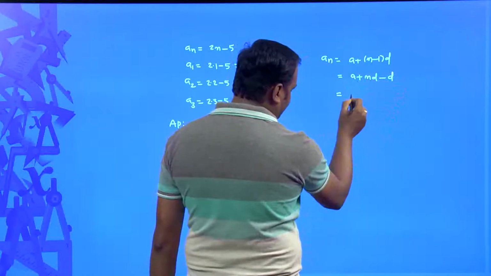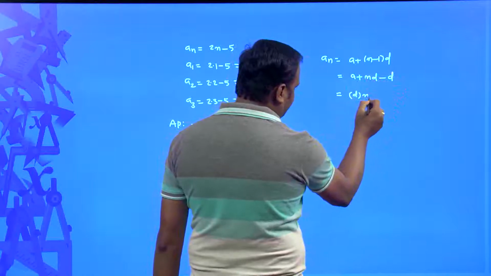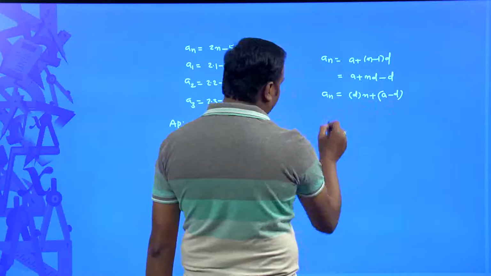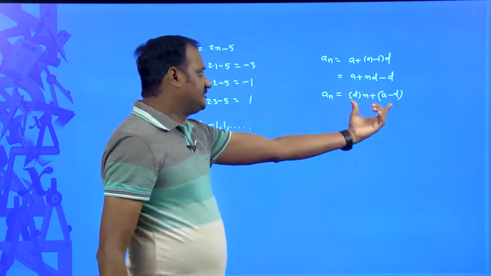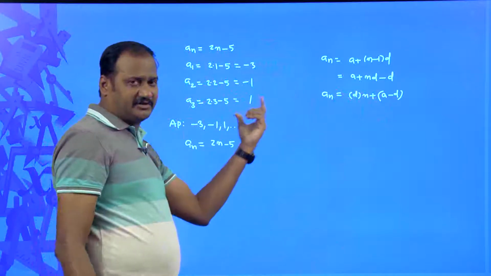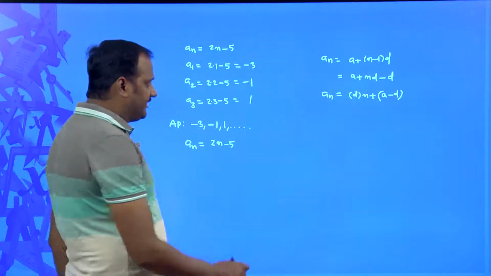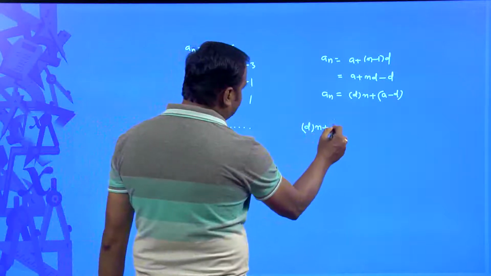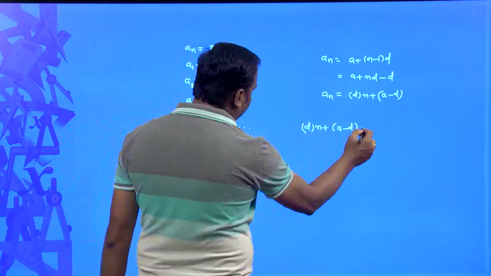If I write in order, then d into n plus a minus d is equal to the nth term. So, this is the nth term of an arithmetic progression, this is also the nth term of an arithmetic progression. Now, I am going to equate both of them.